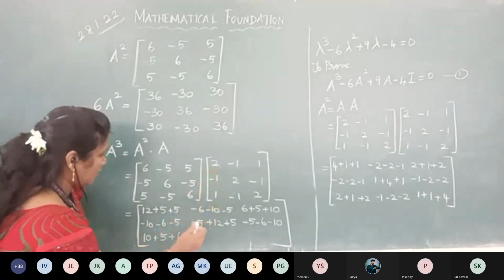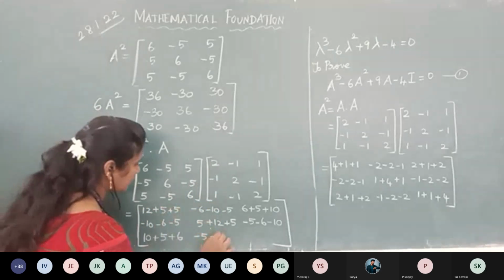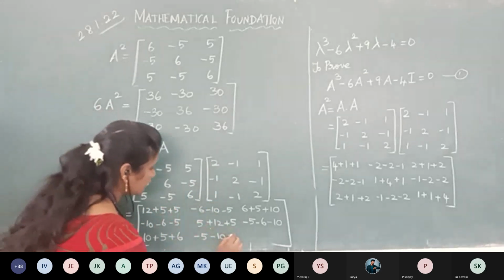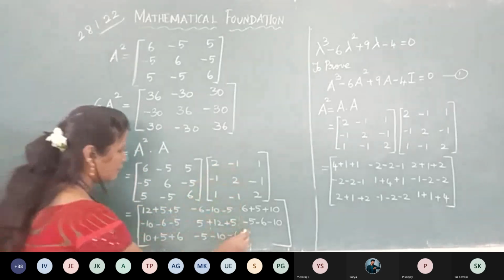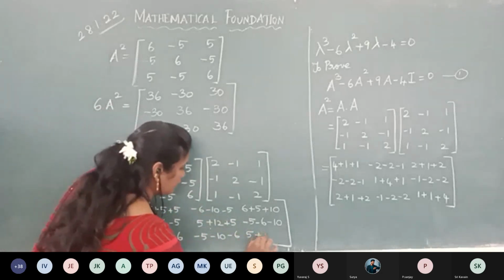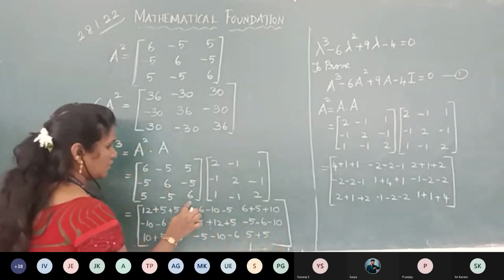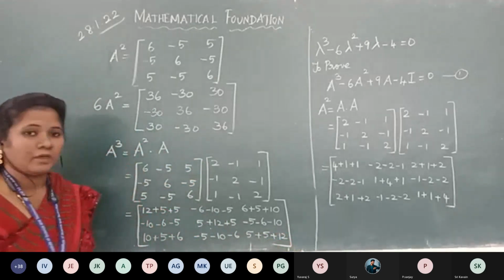Third row, second column, it will be minus 5, minus 10, minus 6. Third row, third column: 5 plus 5 plus 12. Okay.